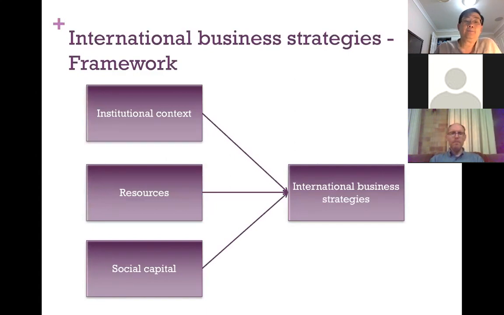The institutional context basically suggests that everybody, the social actors, that means us, behave in a certain way determined by the institutions. So what are institutions? Institutions refer to a set of rules, both formal and informal, that determine how we behave.